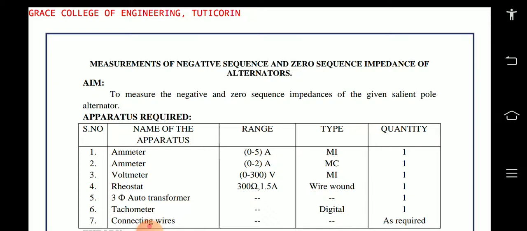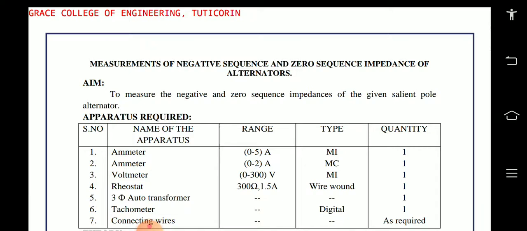For the ammeter, we want a 0 to 5 ampere range and also a 0 to 2 ampere range. One is mentioned as MI type and one as MC. The MI type is meant for our AC circuit and MC for our DC circuits.